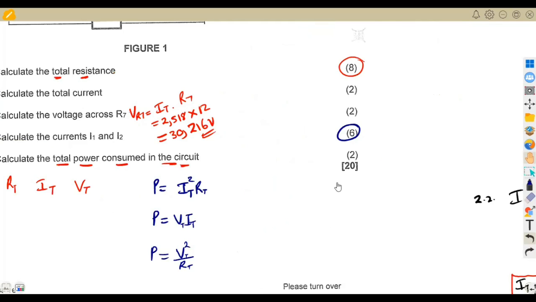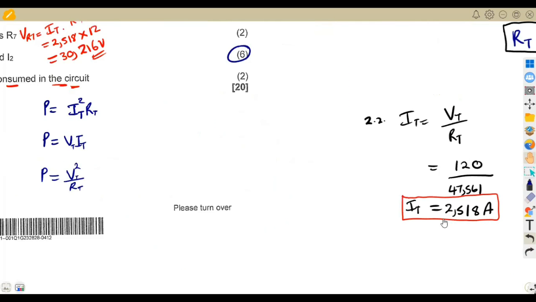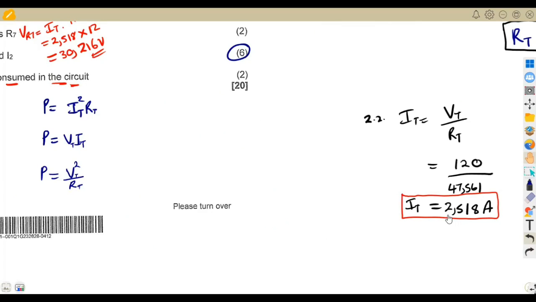In this case, I'm going to use total current and voltage. I have the total current here and I have the voltage from the circuit. So I'm going to use this one, but like I said, you can take any formula from those. So our power, I'm going to use total voltage times total current. Our total voltage, remember, is 120. So that's 120 times the total current, 2.518.